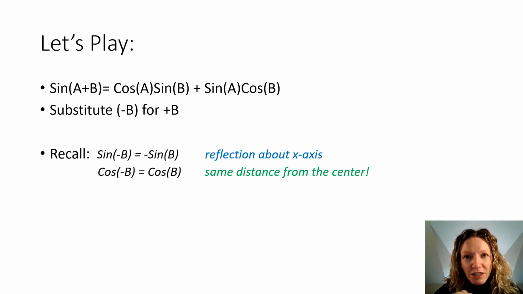We also looked at the distance from center. If I rotated a positive degrees and a negative degrees, the distance from center would be exactly the same. So cosine negative B was exactly the same length as cosine B. We're going to use these properties to fill in when we're doing our substitution. Let's give it a try so we can see what new equation we can come up with.